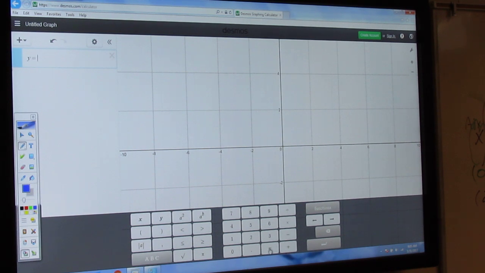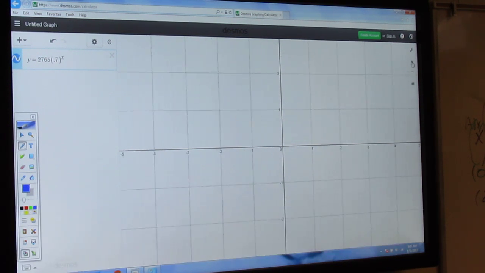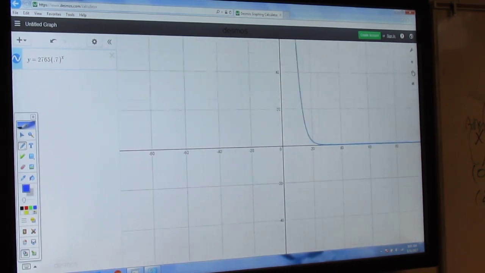Y is equal to 2765 times 0.7 raised to the x. Oh, there it is. Okay.